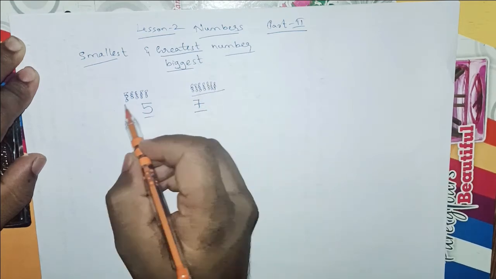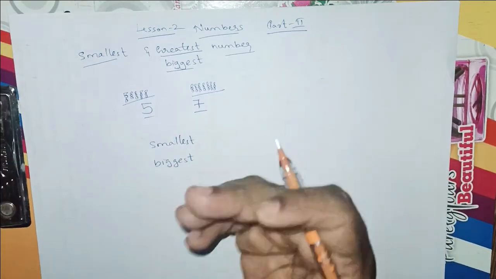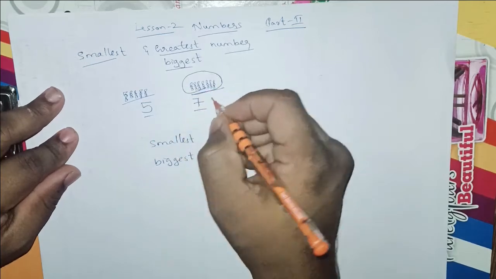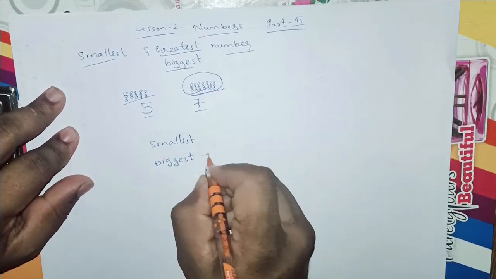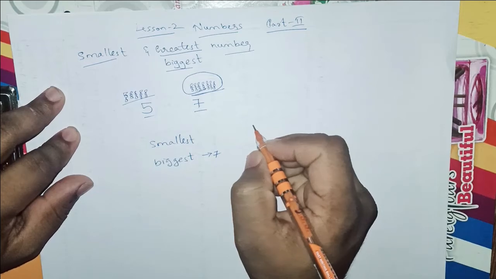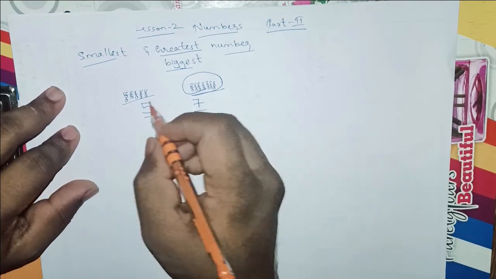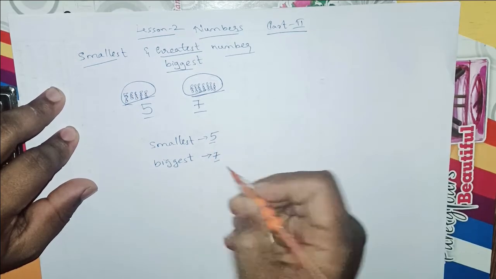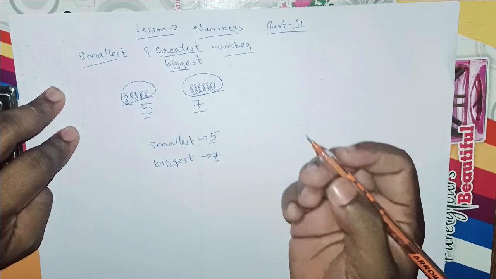So here 7 chocolates, here 5 chocolates. Where do you have more chocolates? This side. So 7 will be the biggest one. And where do you have fewer chocolates? 5. So 5 will be the smallest one.